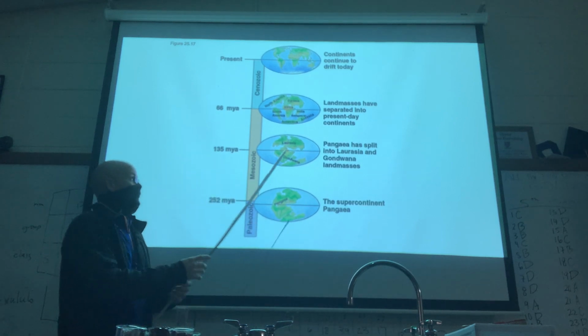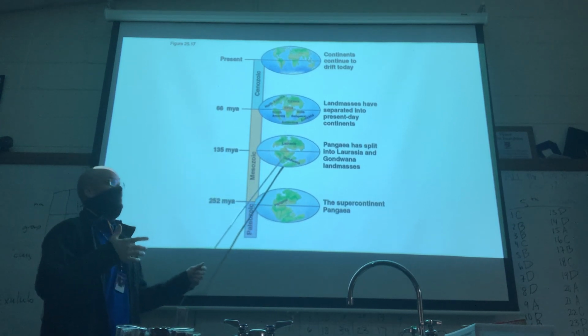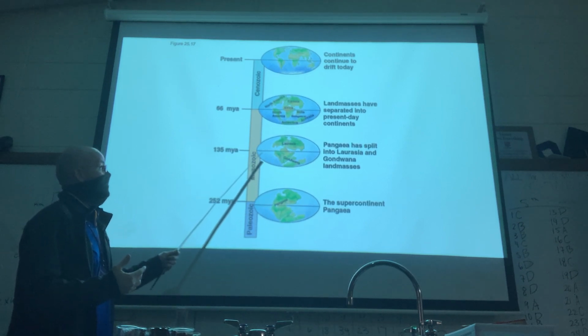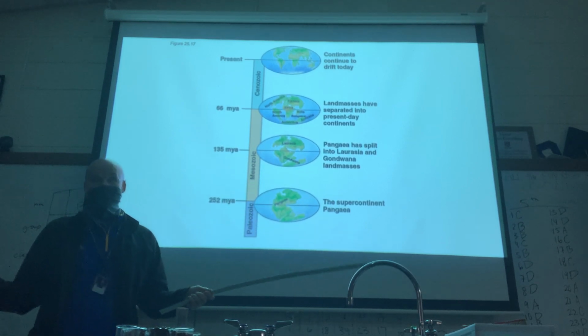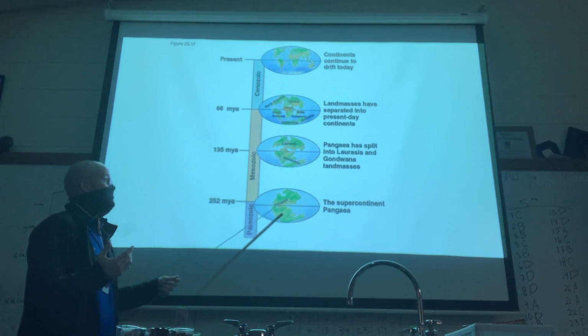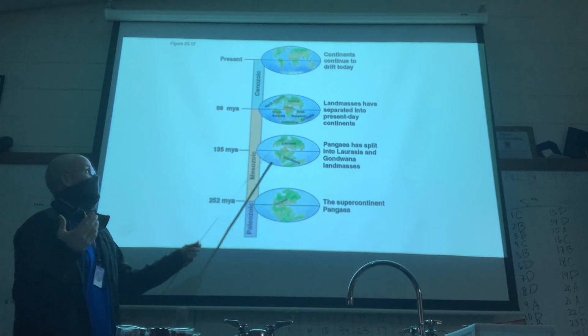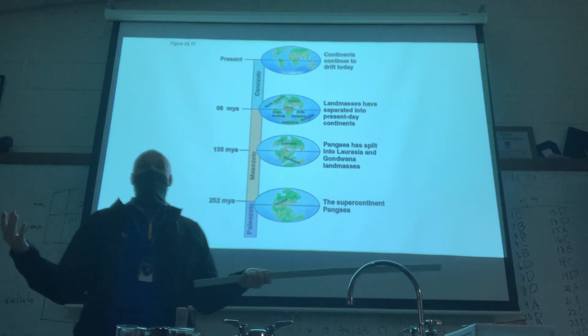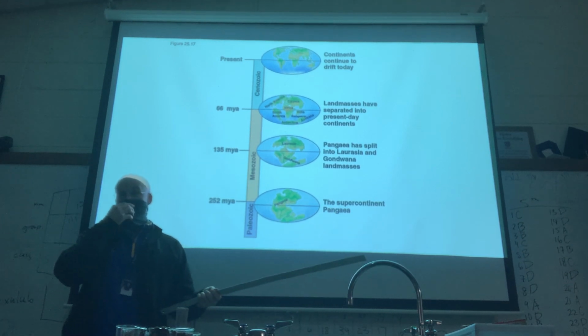Now, this is definitely going to have an effect on how new species arise, but it can also have an effect on extinction. I mean, there was a time where Antarctica, which we refer to as basically the South Pole, had tropical plants.